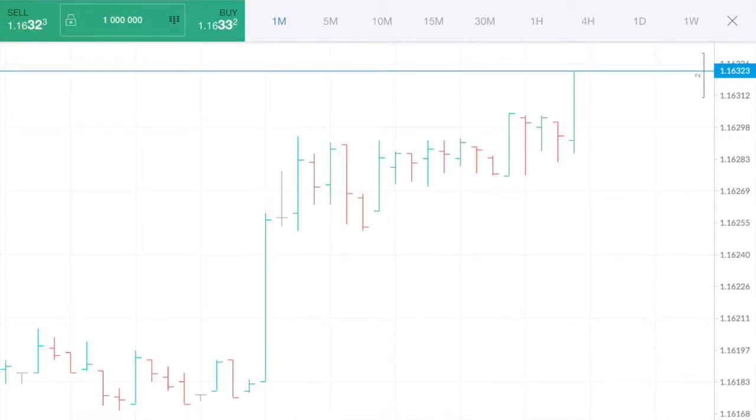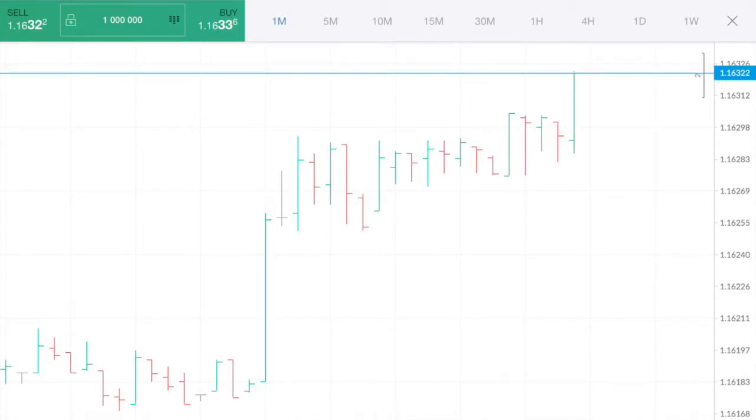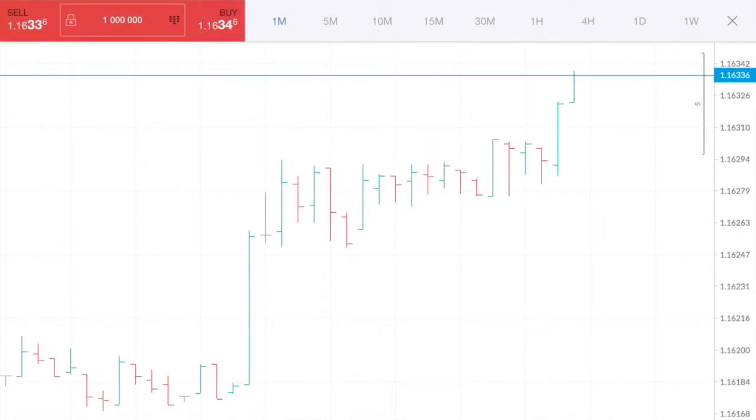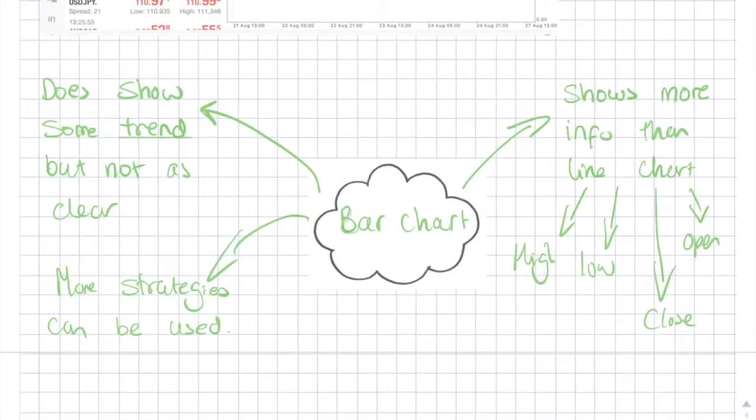So now that's the new high, and after the minute's about to end, it drops down to 1.16322. So that's how it actually works. So that's the end of that bar, and I hope it's given you some indication of how it works.